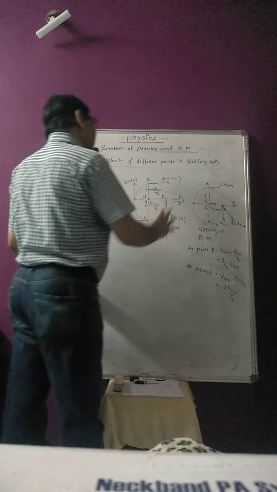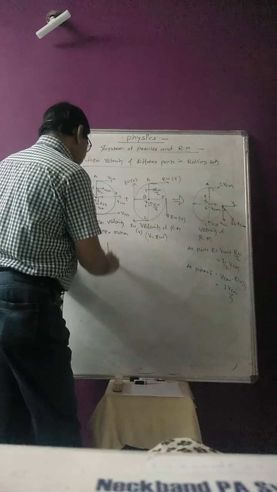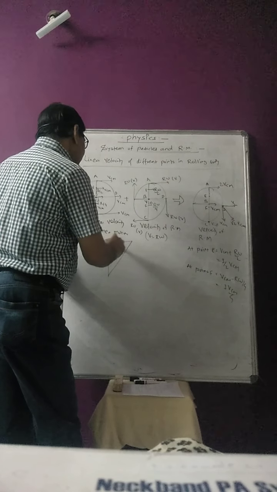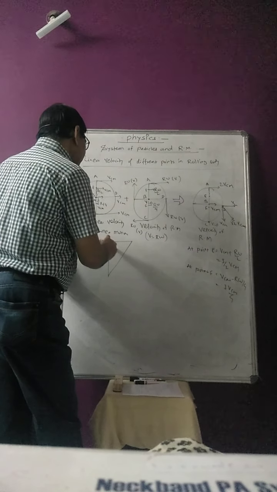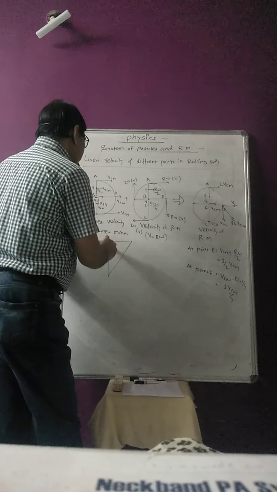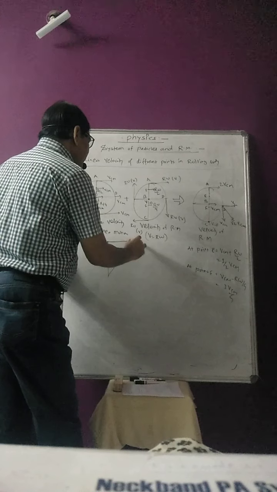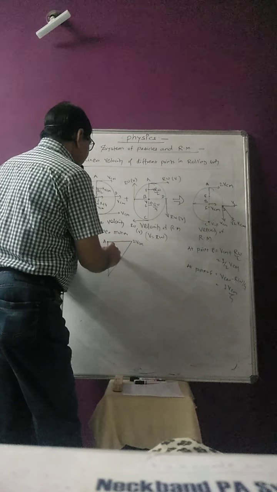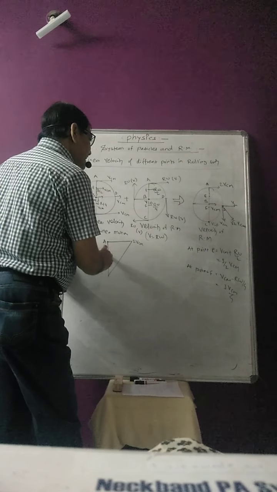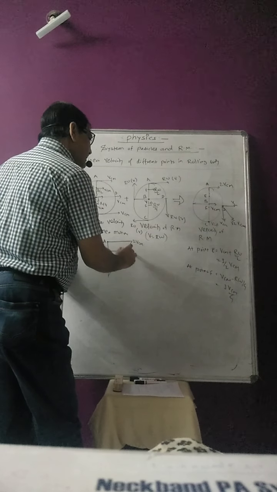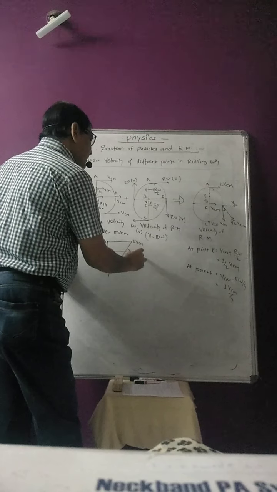So at different points you can calculate the velocity. If you make a triangle, then you can see the velocities at particular points. Suppose this is point A, where the velocity will be maximum, 2 times VCM. At this particular point E, your answer will be 1.5, that is 3 by 2 VCM.